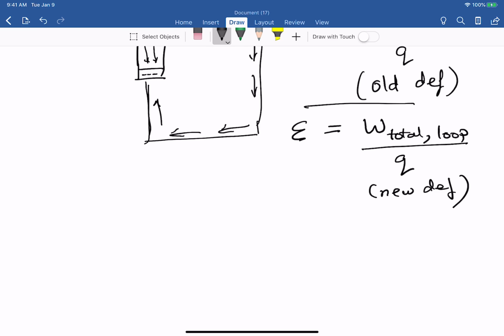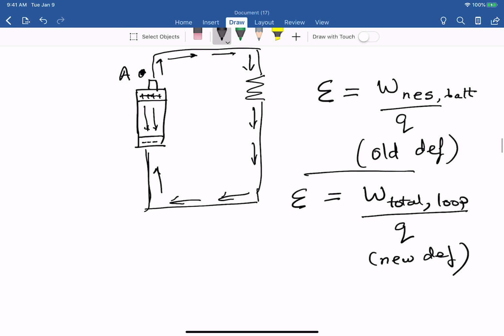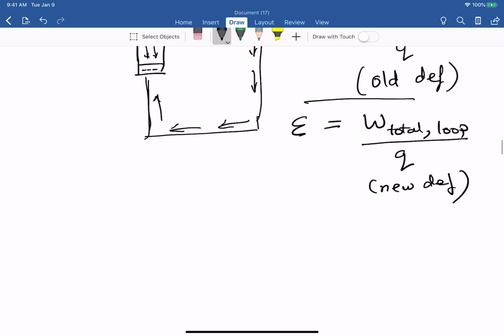So let's think about the total amount of work done in this particular circuit, the total amount of work done by all the different forces. Now there are only two types of forces here, the electrostatic forces and the non-electrostatic forces.